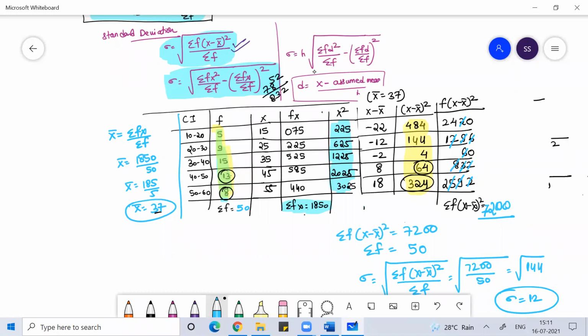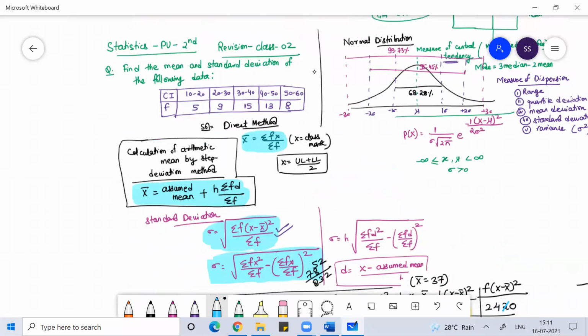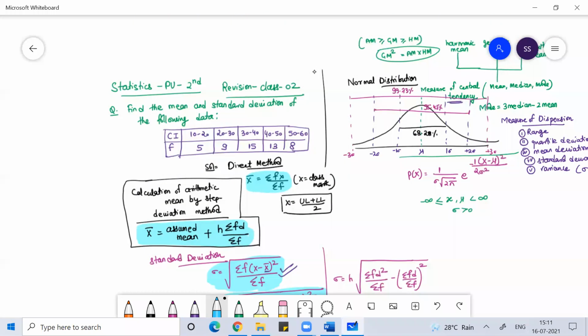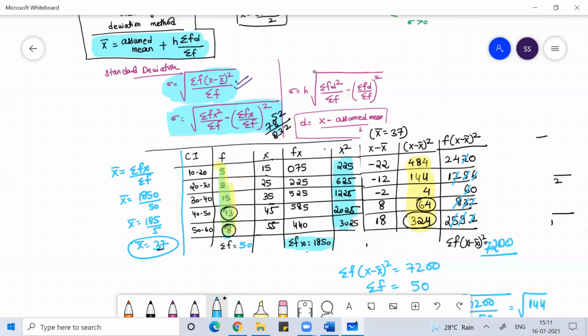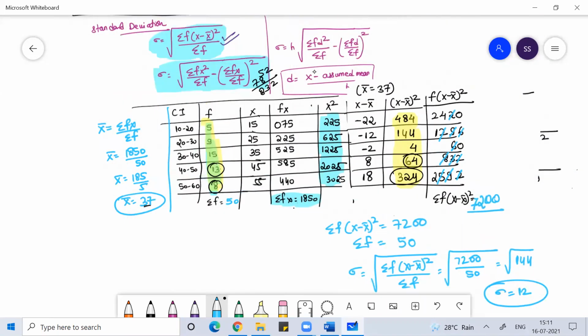Clear everyone? So step deviation method I could not do today. Next class, I'll do the same problem by using step deviation method. Today, we learned how to calculate mean and standard deviation by direct formula.